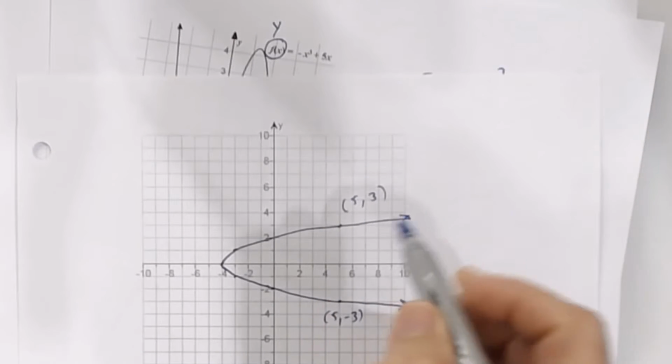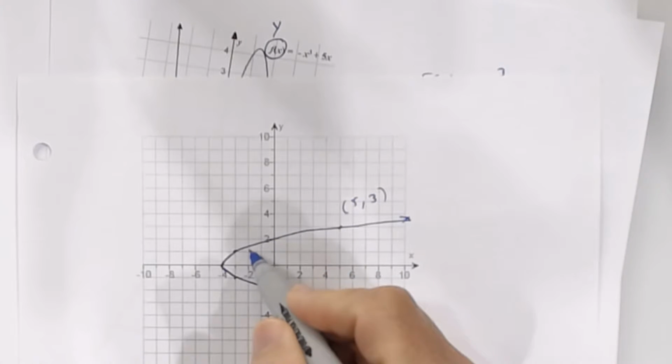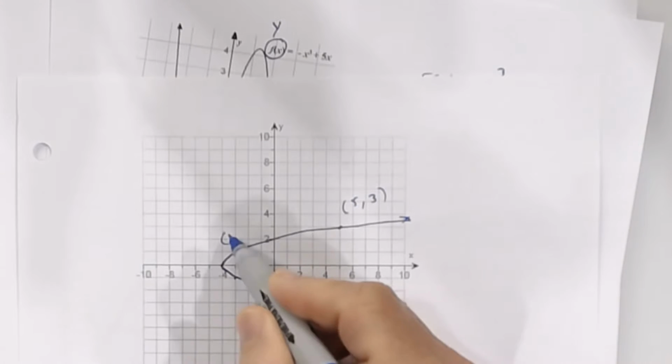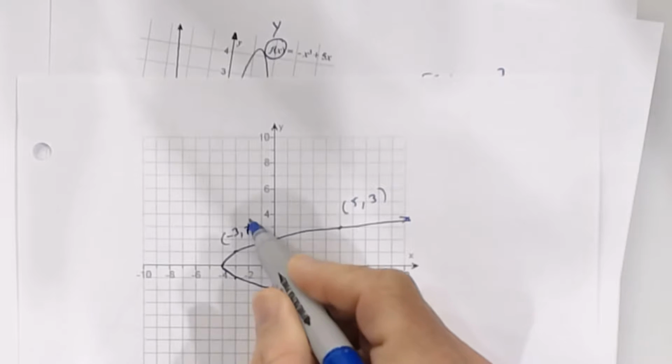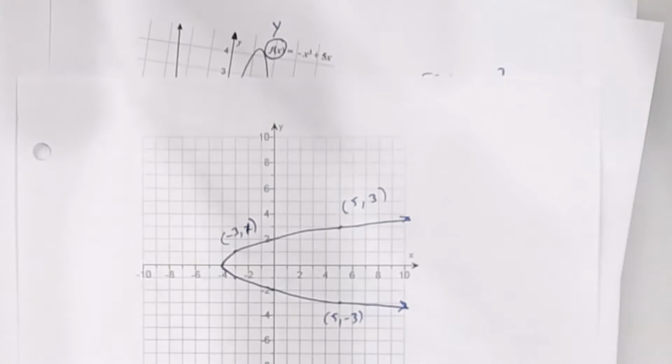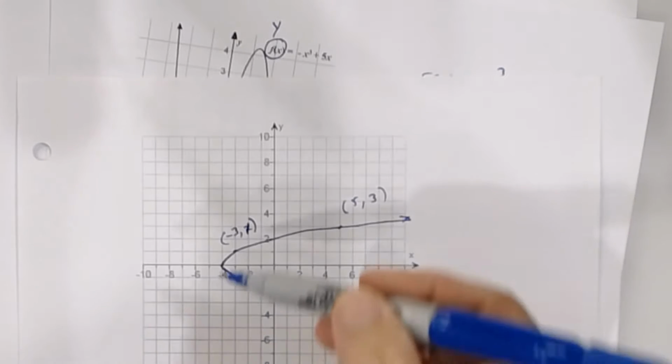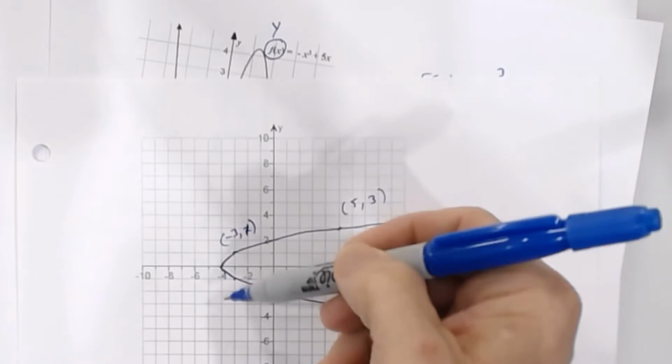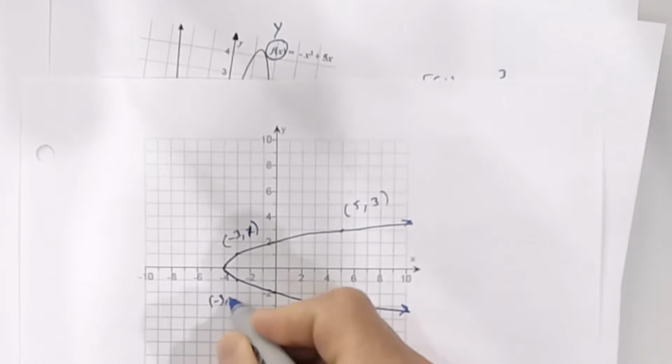If the point, let's see, this one, let's do this one. If the point negative 3, 1 is on this graph, and it's symmetrical about the x-axis, then what other point needs to be on that graph? Yeah, so you get that.